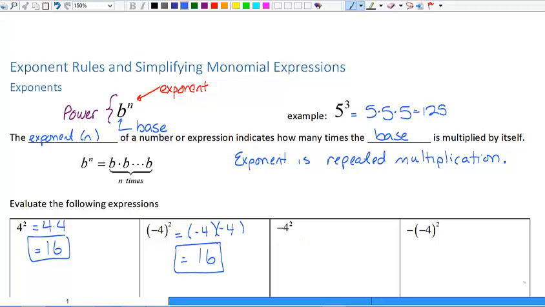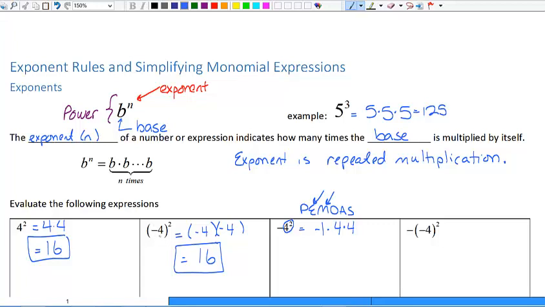Now on this next problem, where the negative is on the outside, what this means is we are squaring the 4 first, so it's 4 times 4, but we have this negative out in front. You can think of it as a negative out in front or a negative 1 times 4 times 4, because in PEMDAS the exponent comes before multiplication, and this negative is not associated with the 4 like it is with the parentheses.